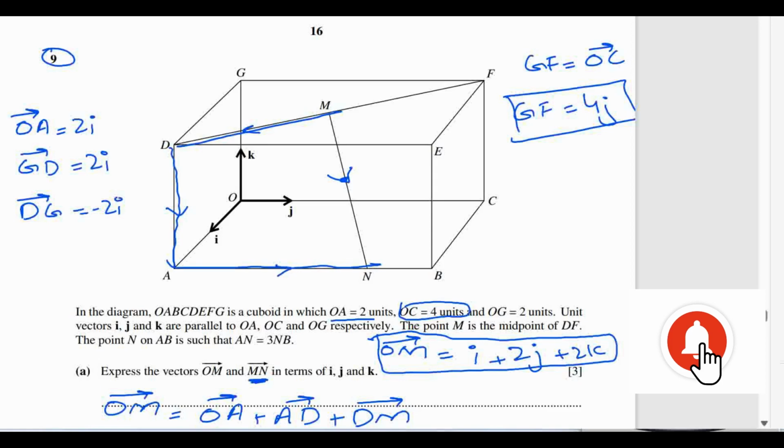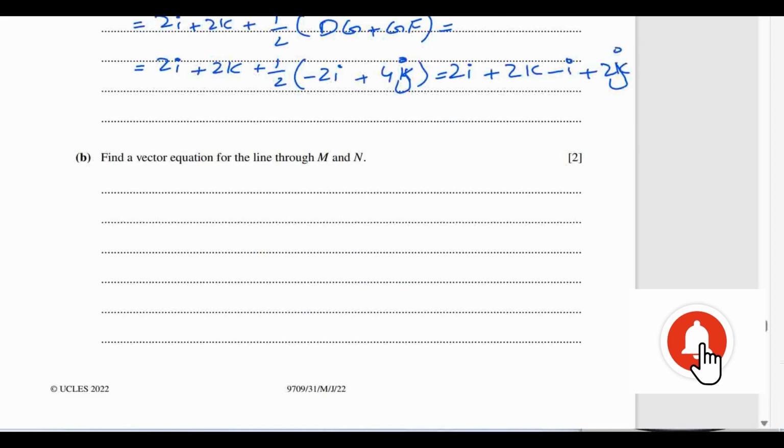Okay, now let's write the equation first. Vector MN will be equal to MD plus DA plus AN. Now we have to simply put the values and we will get the final answer.